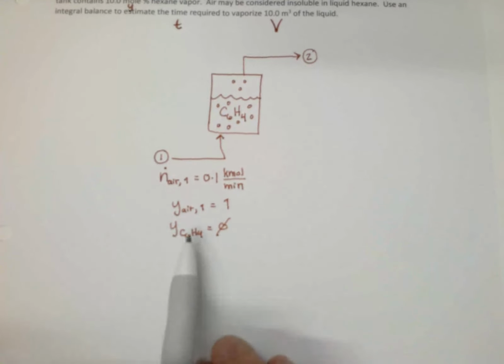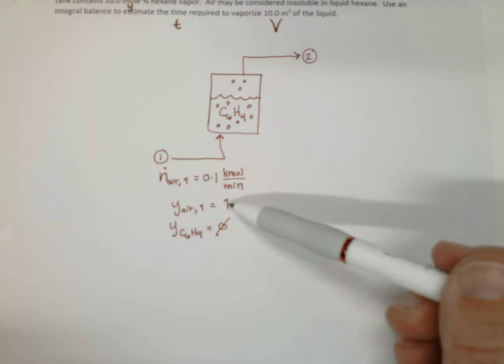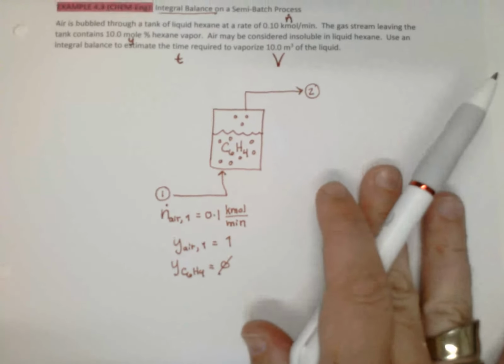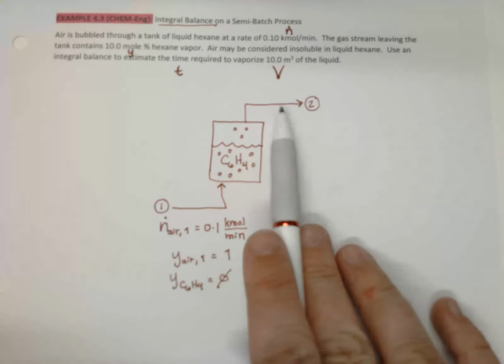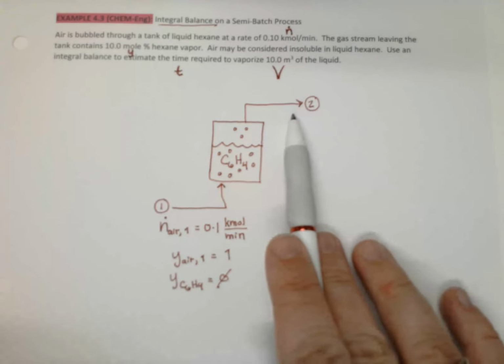In this particular problem, I'm actually using the chemical formulas as my subscripts. I could use an A for air and an H for hexane if I wanted to make it easier. But notice that there's air coming in, there's something happening here, and then we're bubbling something out the top. The gas stream that's leaving is going to be a combination of air and hexane.